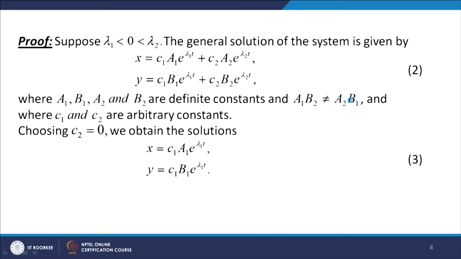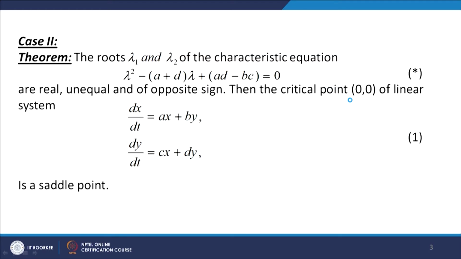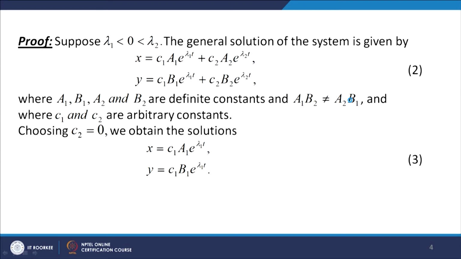Now, the general solution of the system 1 is given by x equal to c1 a1 e to the power lambda 1 t plus c2 a2 e to the power lambda 2 t, and y equal to c1 b1 e to the power lambda 1 t plus c2 b2 e to the power lambda 2 t, where a1, b1, a2, b2 are definite constants and satisfy the condition that a1 b2 is not equal to a2 b1. c1, c2 are arbitrary constants.